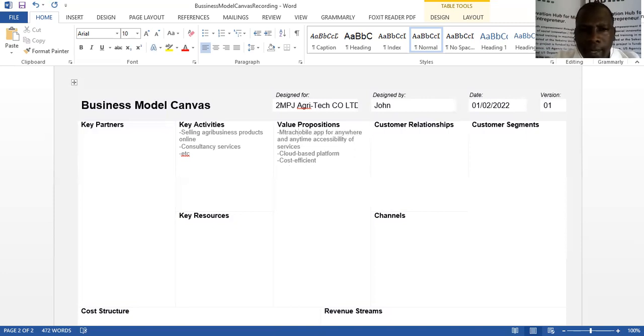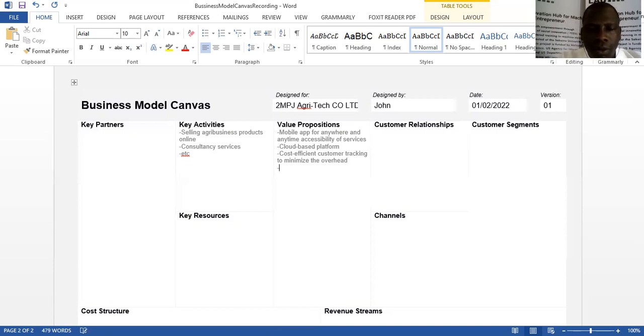Cost-efficient customer tracking system, to minimize the overhead during customer analysis and other things like that.